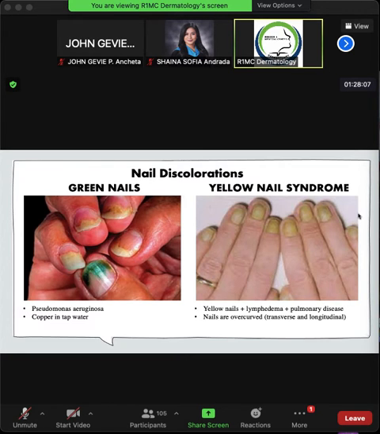For yellow nail syndrome, the nails are typically overcurved both transversely and longitudinally, and they grow very slowly at less than 0.2 millimeters per week, and these patients are actually subject to onycholysis.